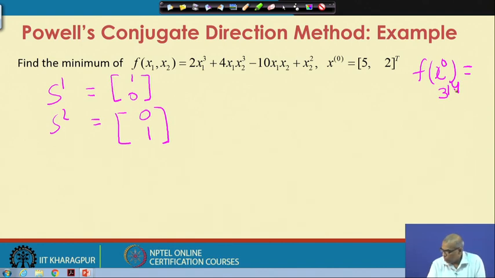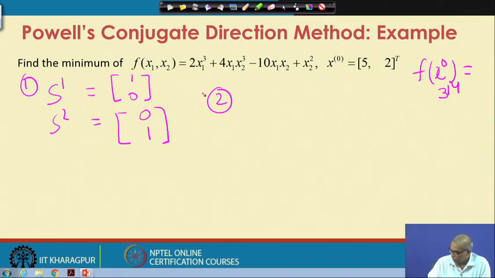Now, we have these 2 linearly independent search directions S1 and S2 as (1, 0) and (0, 1) respectively. In step 2, you have to find x 1. x 0 is given, you will find x 1.